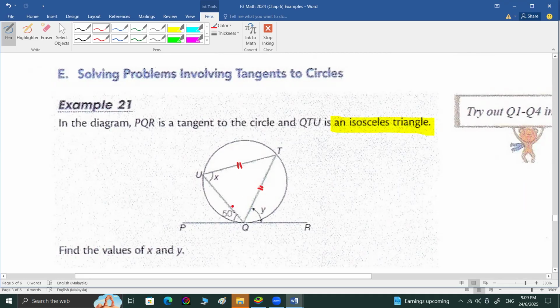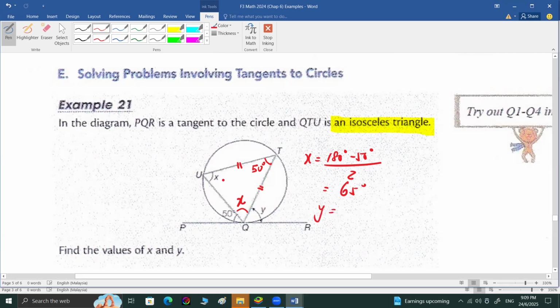Okay, so class, here can you see 50? So see this line, yeah? Opposite, interior, so you get 50 here, right? Okay, and then here, what is this? X, yes, X. Okay, how to get X? 180 minus 50 divided by 2. Yes, you're right. So you get X is 65. So what about Y?